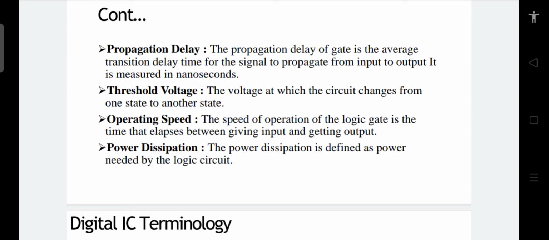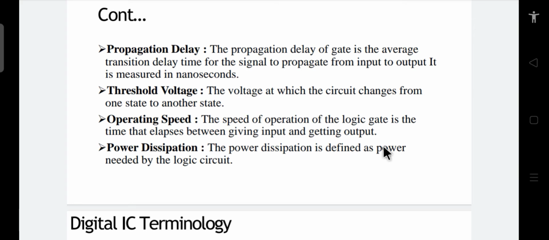Power dissipation should be as minimum as possible, because if it consumes a lot of power, then it is going to consume high energy, and your battery is going to drain out very quickly. So for your battery to last longer, the power consumption of the device should be very low.